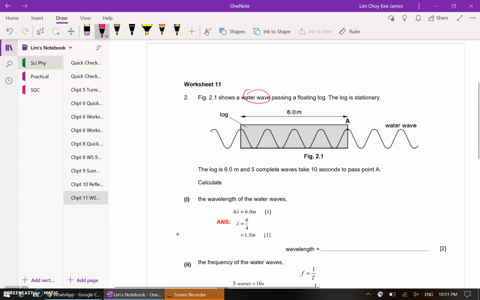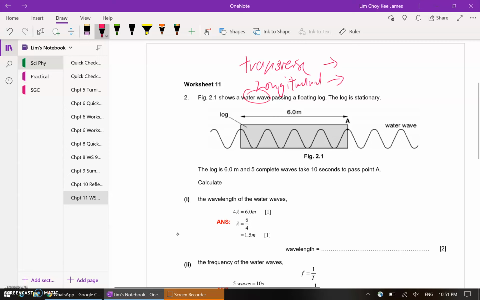In your syllabus, there are two types of wave, which are transverse and longitudinal. Please take note that for transverse and longitudinal waves, by definition, the particle vibrations are different. That's the main difference.